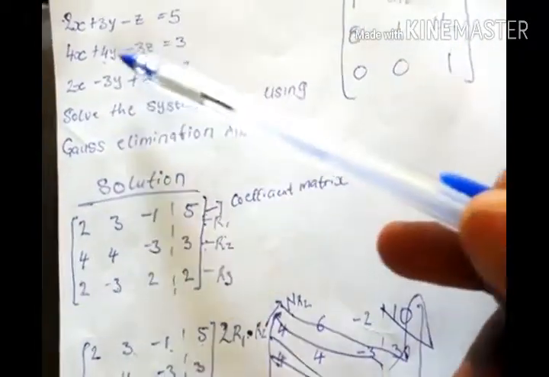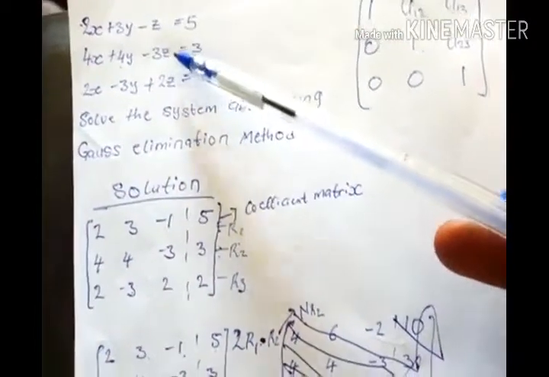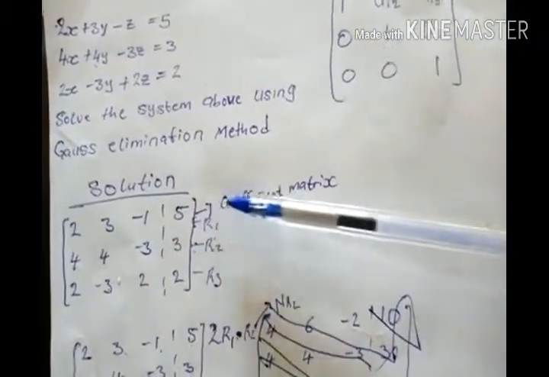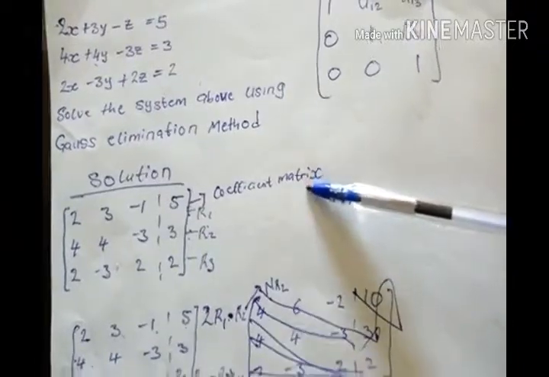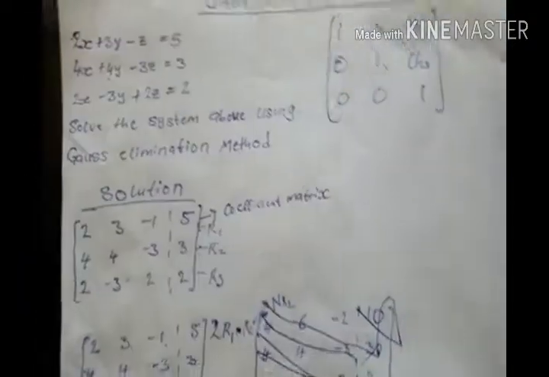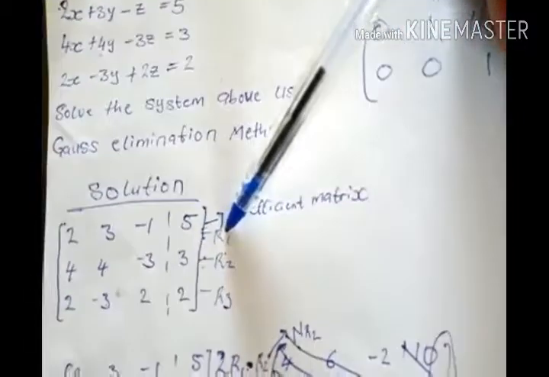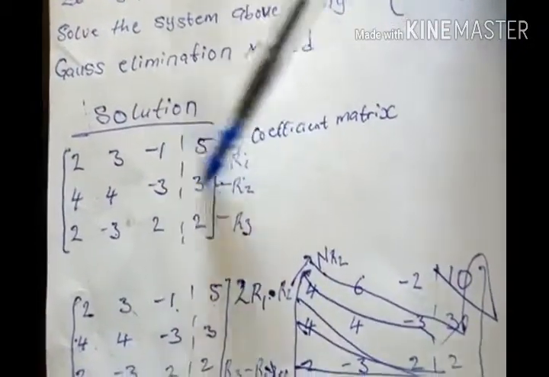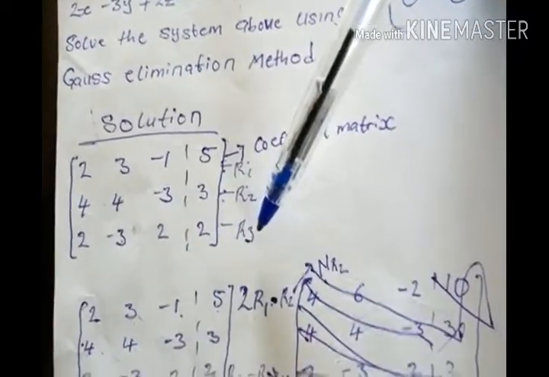I just put the whole of this system into a matrix form, and I call this matrix a coefficient matrix. Allow me to name this as my row 1, this as my row 2, and this as my row 3.